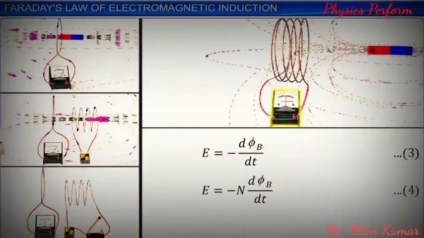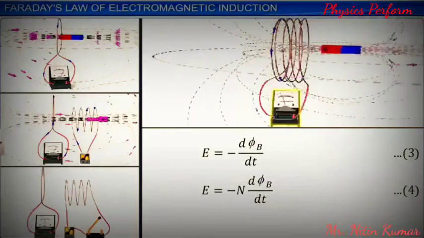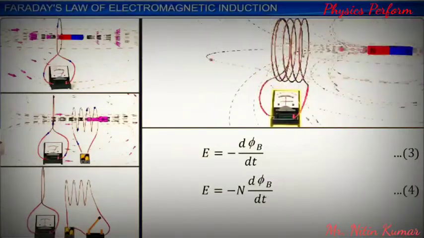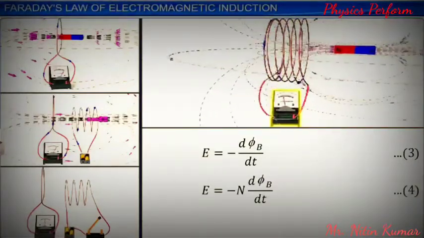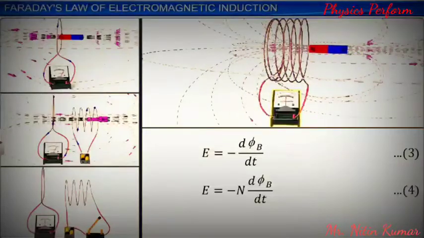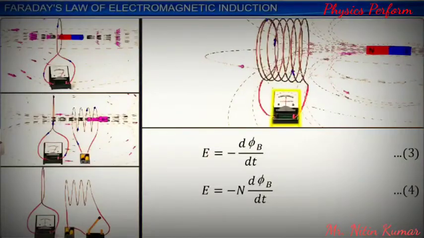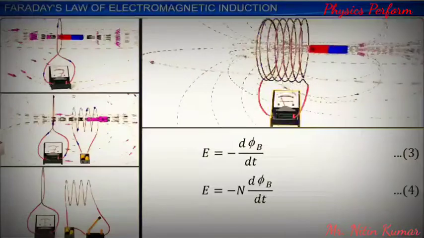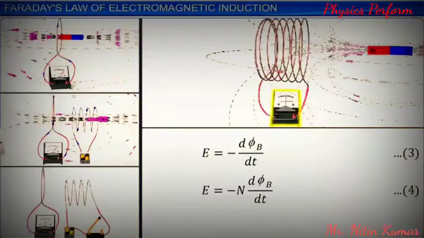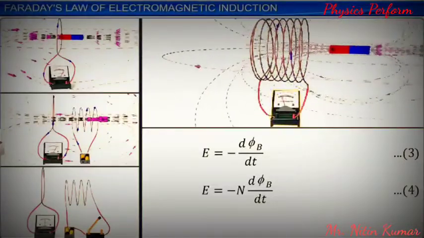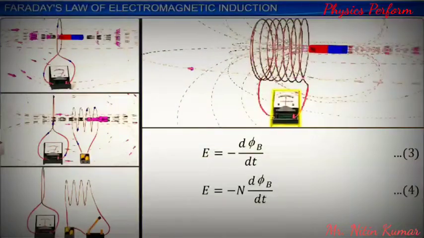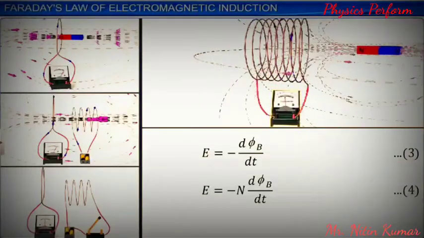Let this be equation 4. In this equation, E is the total induced EMF. The negative sign indicates the direction of EMF and hence the current in the closed loop. Therefore, the total induced EMF can be increased by increasing the number of turns n of the coil.